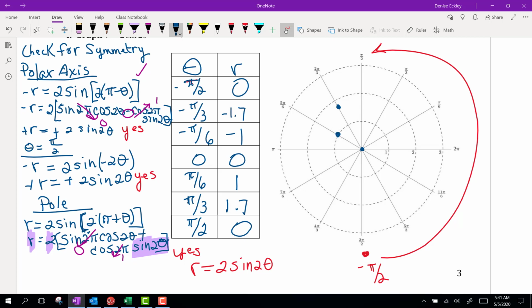And then I'm back at 0, and then from there I'm back at 1. And then I'm at 1.7, and then I'm back at 0.